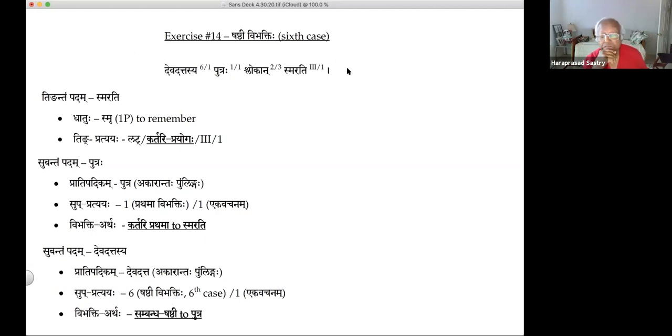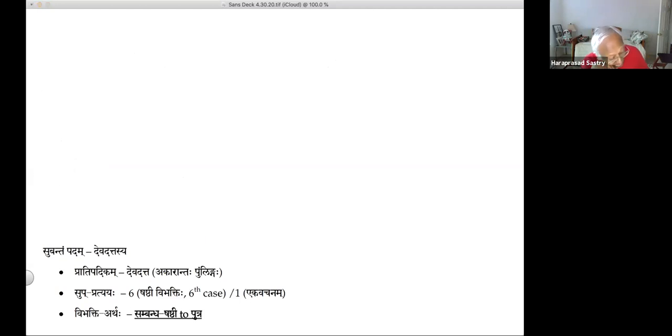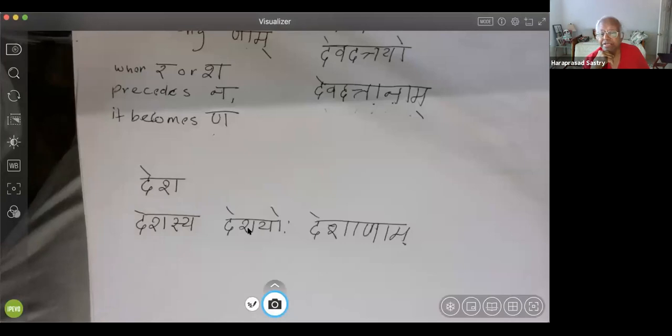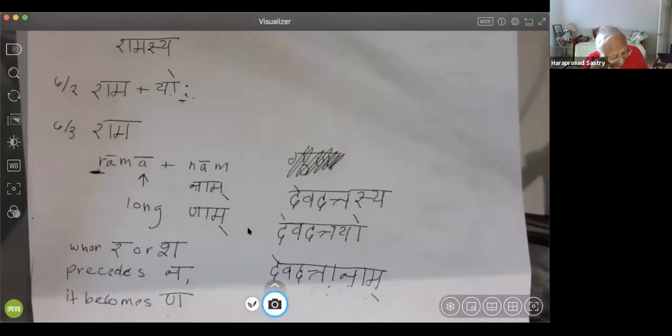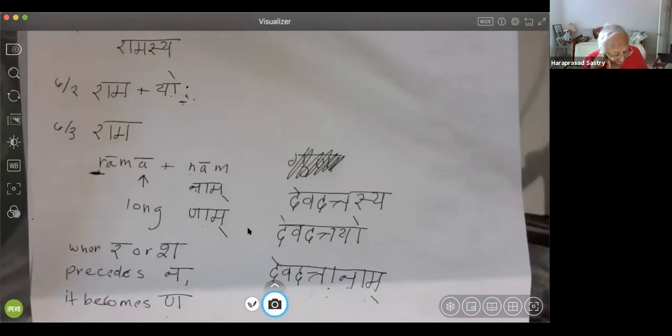Going back to that nakara and nakara, will the 3-1, let's say Ramena, and 6-3, Ramanam, do they always follow each other like that?